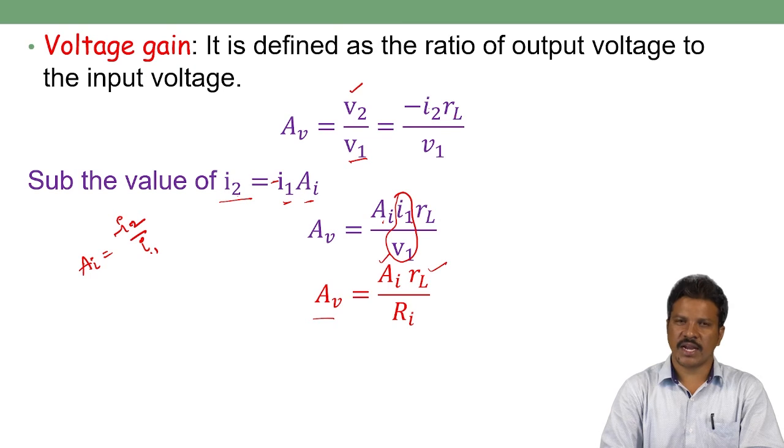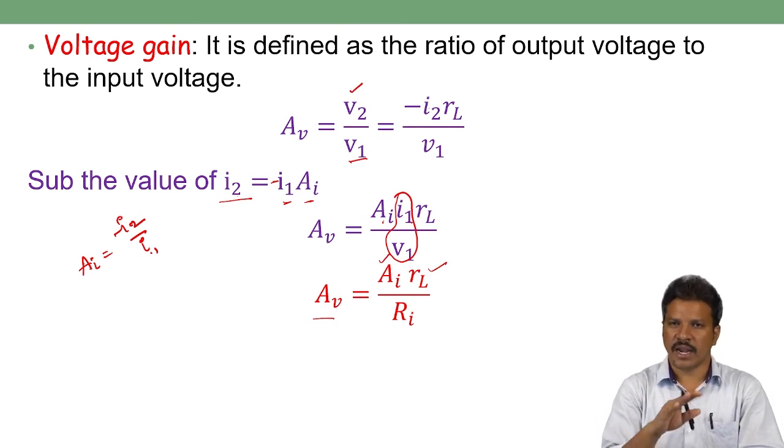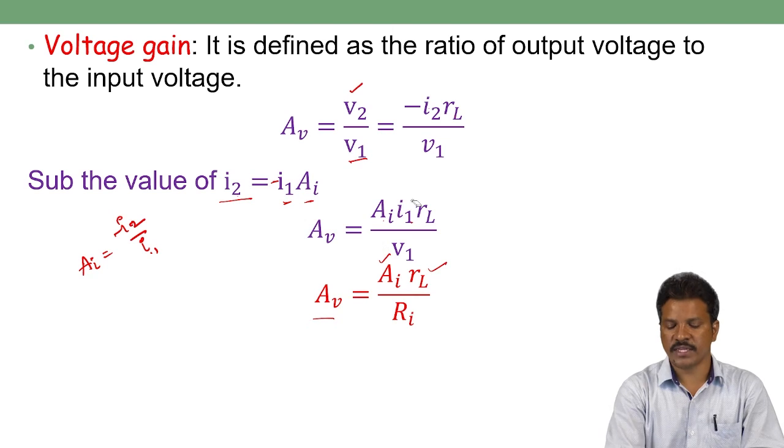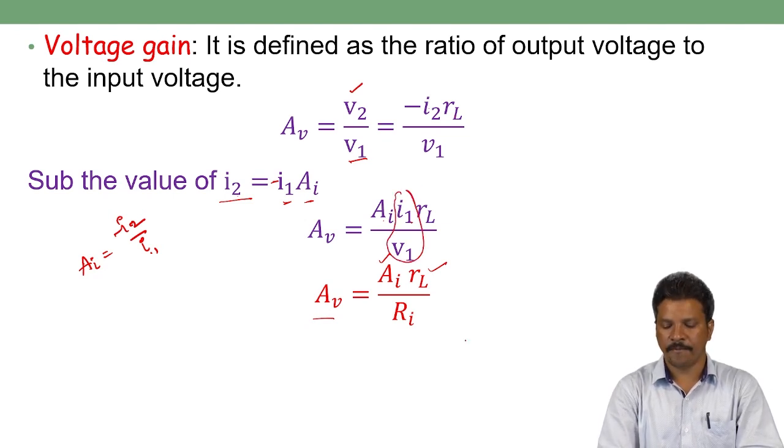Once we find the current gain, that current gain formula is used in input impedance, and the current gain and input resistance formulas are used in voltage gain. Take the voltage gain V2 by V1 and the V2 formula minus I2 RL, and we have I2 in terms of current gain, minus I1 into Ai. Current gain Ai I1 RL divided by V1, which we can replace with Ri.